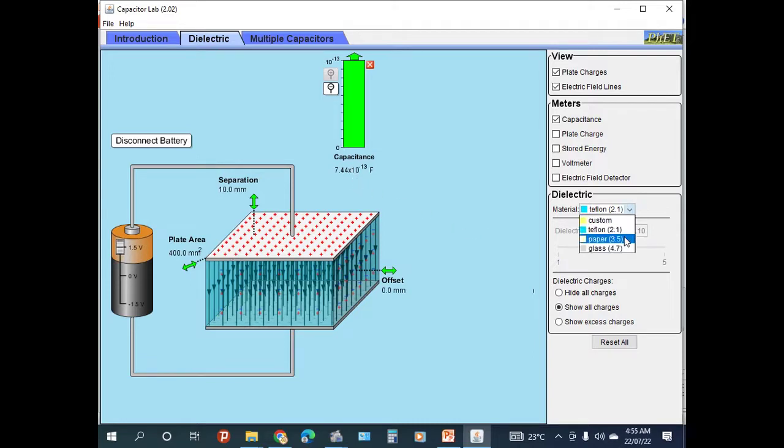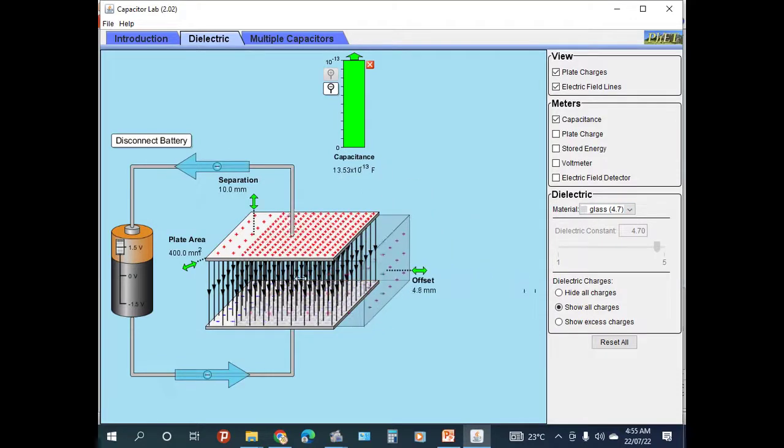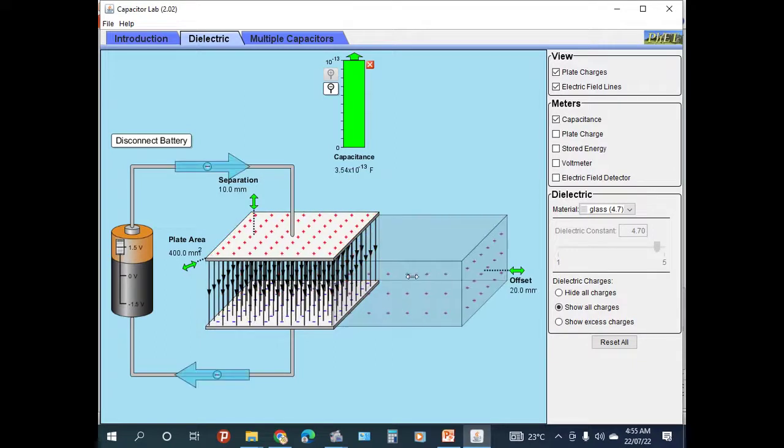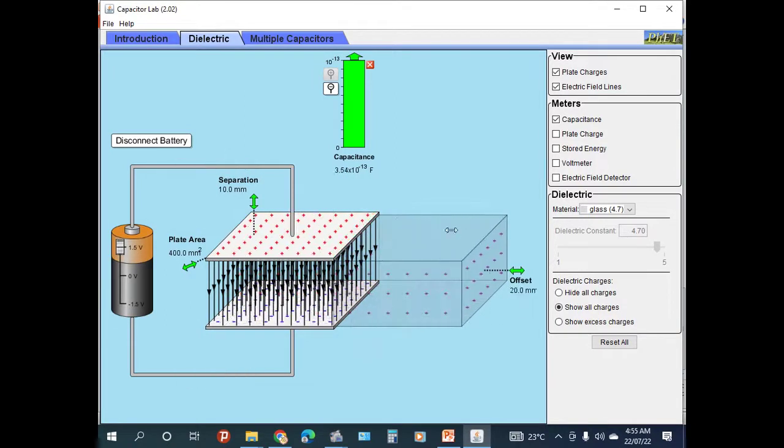The capacitance depends on the insulating material. So this one is a dielectric material. Dielectric material means an insulating material, just like paper and glass are insulating materials.